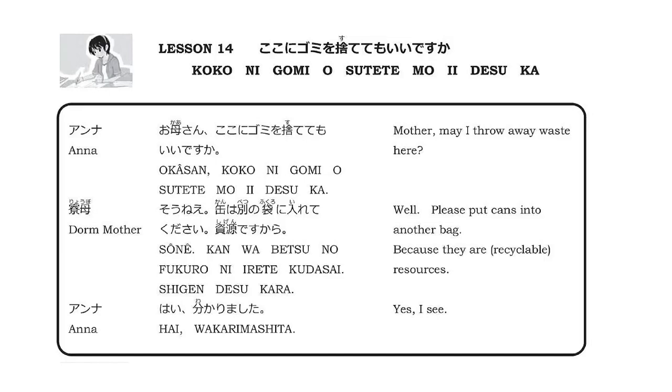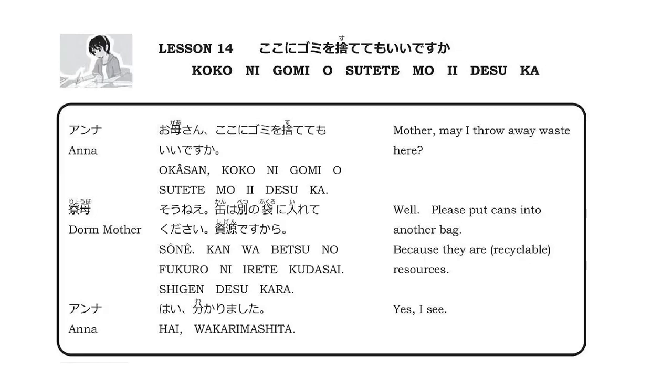The dorm mother continues. 資源ですから Because they're resources or recyclable resources. 資源 is resources or recyclable resources. です is a polite way of ending a sentence, and から in this sentence expresses a reason.